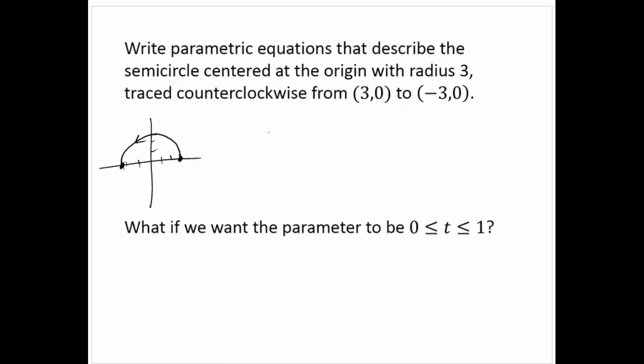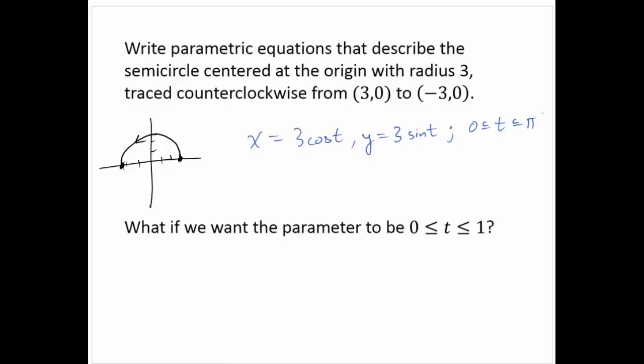Well, that would be the same equations. X equals 3 cosine t, y equals 3 sine t, but we would put on the restrictions on the parameter from 0 to pi instead of 2 pi, and that would get us halfway around the circle.